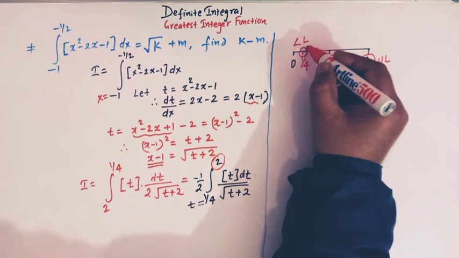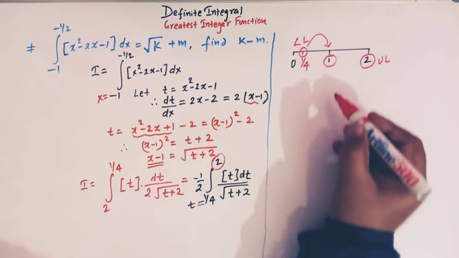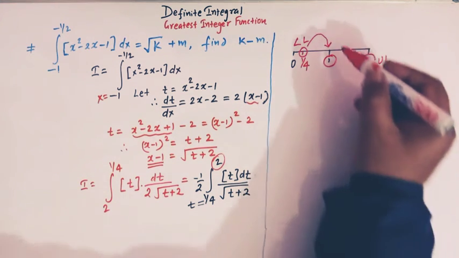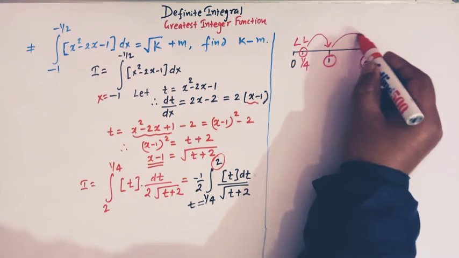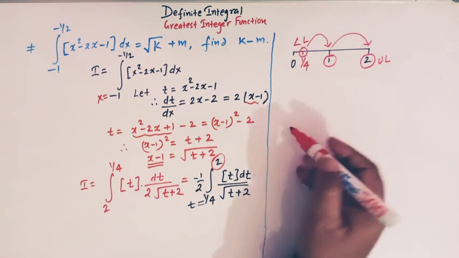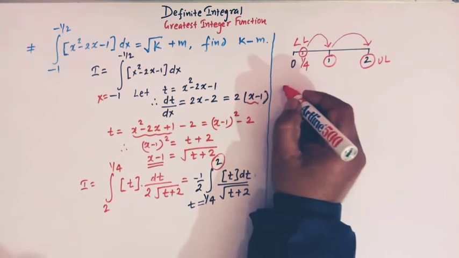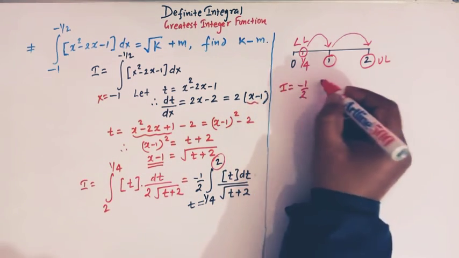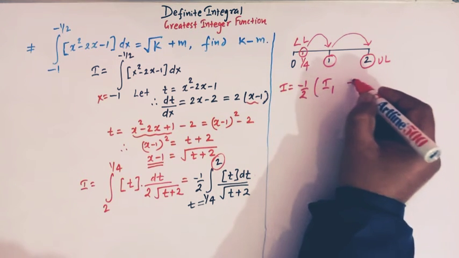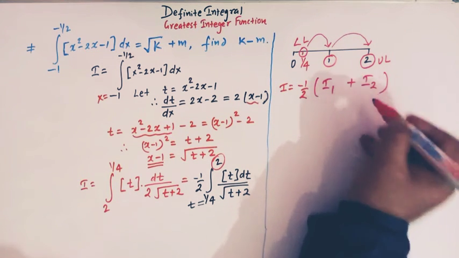So what we will do, we'll split this integral as a sum of two integrals. The first one is from 1/4 to 1, and the second one is from 1 to 2, right? So now I can be written as minus half, and we have two integrals, I1 and I2.